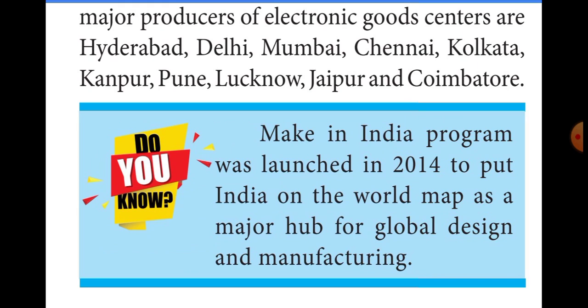Then in India, in 2014, some electronic programs were launched, and India is getting the world name as a major hub for global design and manufacturing. India is on the world map as the major hub, meaning major place, for global design and manufacturing.